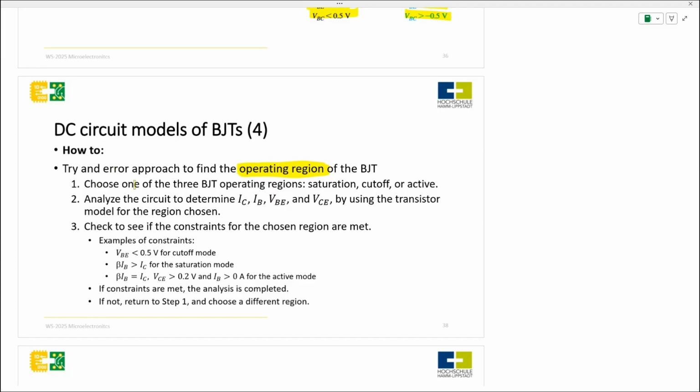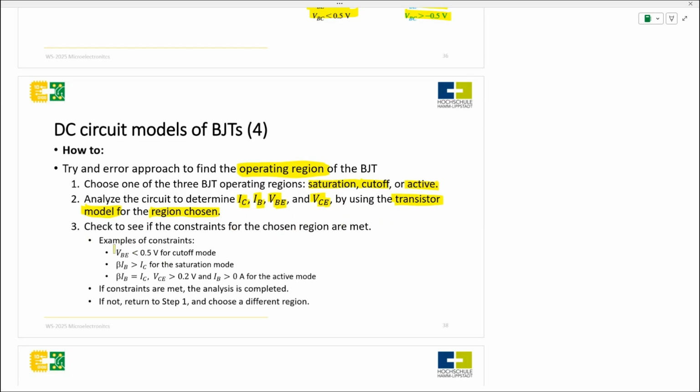Okay, choose one of the 3 BJT operation regions, whether the saturation, the cutoff, or the active region. Analyze the circuit to determine IC, IB, VBE and VCE by using the transistor model. So we need to use the transistor model for the region chosen. Each region chosen has its own transistor model. Then we need to check to see if the constraints for the chosen region are met.